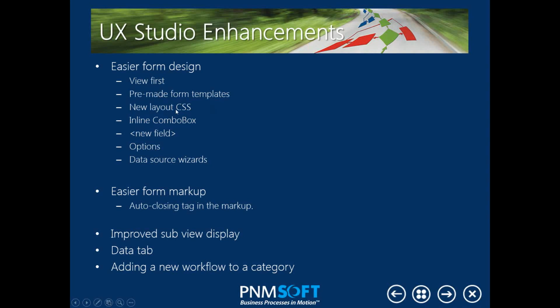We call it the new CSS layout. We covered the combo box options that you can create from inside the form. We called it an inline combo box. I showed you how the new field can be used in order to automatically link between a form and a table behind the scenes. And now I'm going to show you how to use the options button.